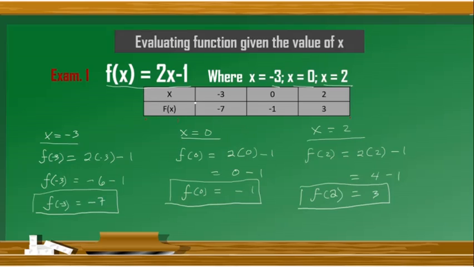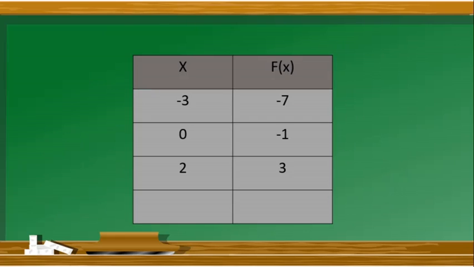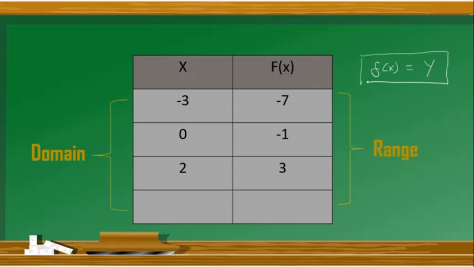This table of values is presented in a horizontal way, but we can still use a vertical presentation. In that case, our x is our domain and the f of x values are our range. Remember that f of x is just the same as your y. Take note of that. Once you encounter f of x, it's the same story as y.